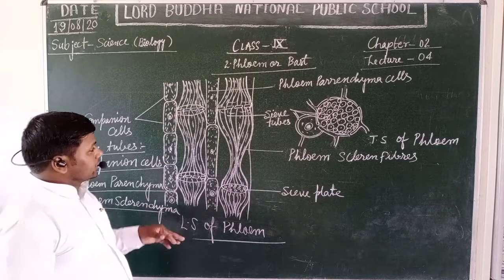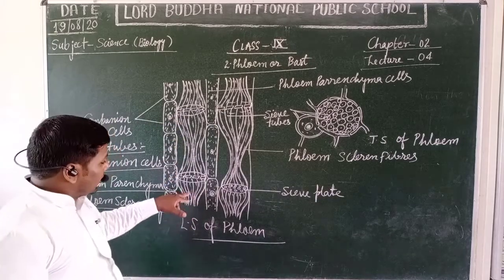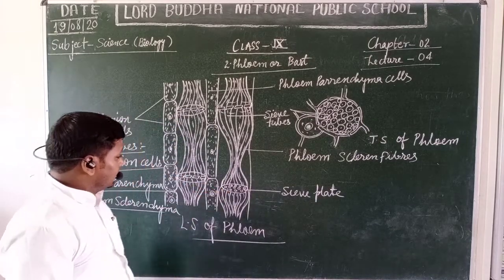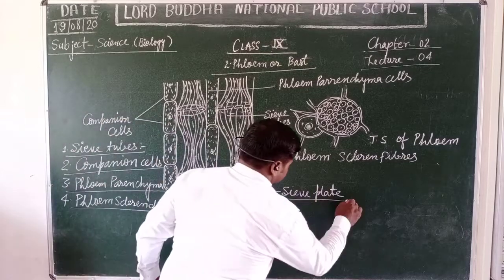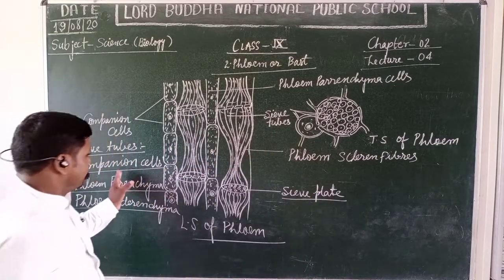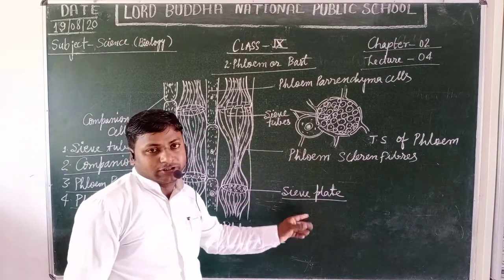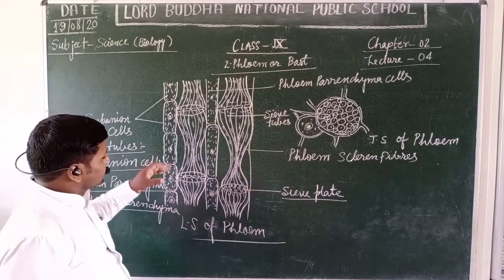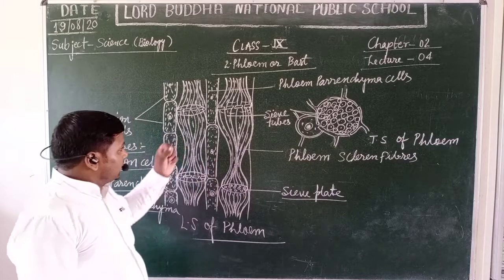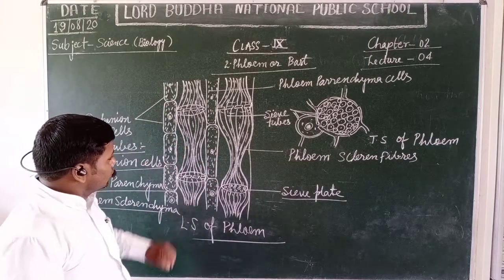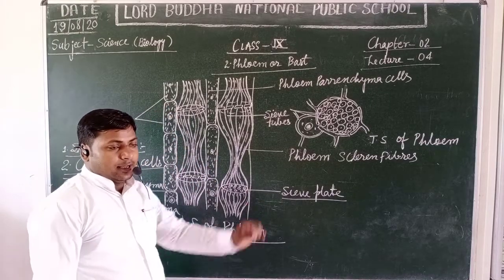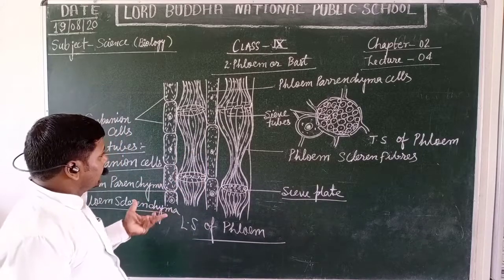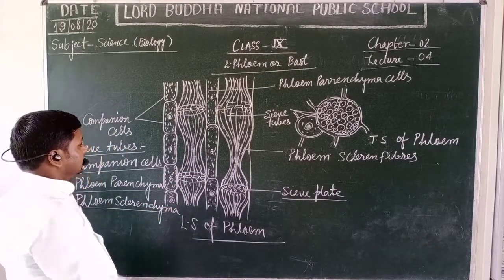They are associated with one another by a plate-like structure called the sieve plate. The sieve tubes and sieve plates together are called the sieve elements of the phloem. Students, on maturity, the protoplasm of the sieve tubes gets dried and they become dead.